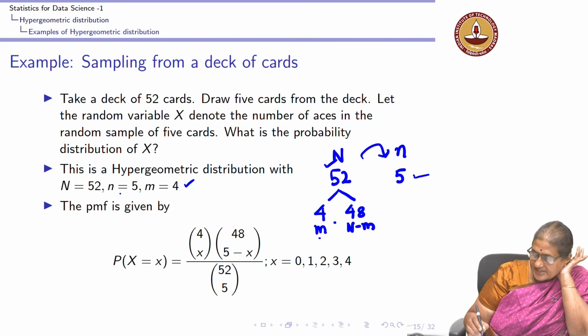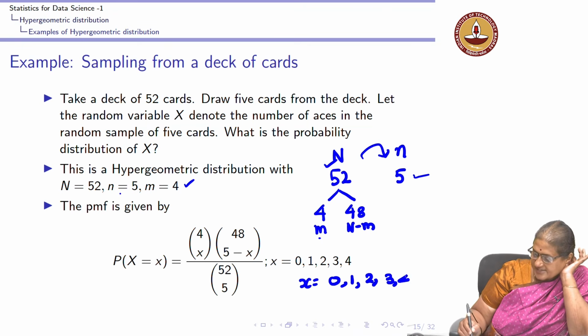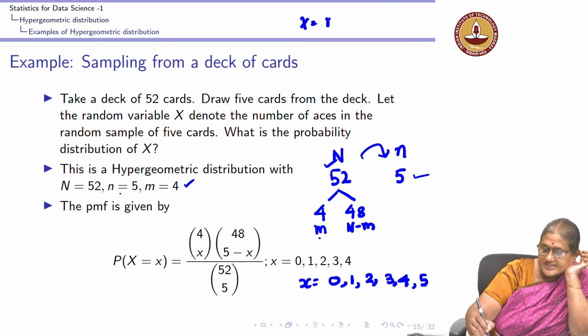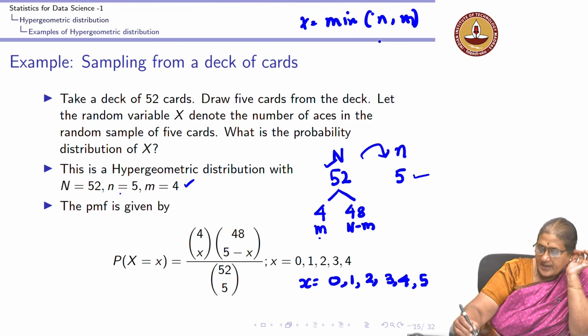I can have no ace, I can have 1 ace, 2 aces, 3 aces, 4 aces, but I cannot have the value 5. Again, x takes values up to the minimum of n and m, n equal to 5, m equal to 4.